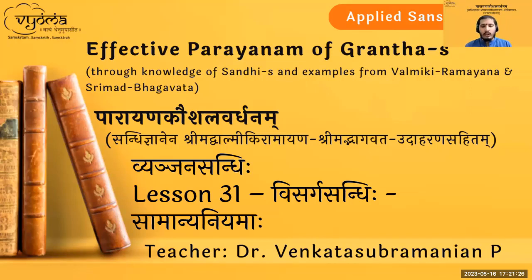And then we saw the order in which the Vyanjana Sandhis occur, that is, first which Sandhi should be done, then which Sandhi, etc. We saw that in the previous class. Now we are moving to the next concept, that is Visarga Sandhi.